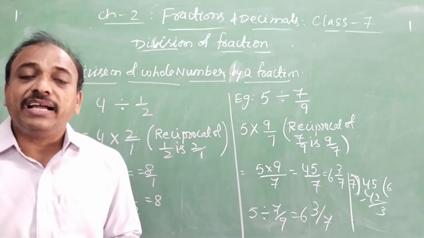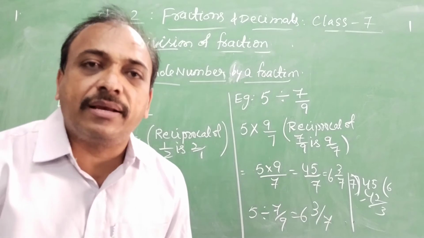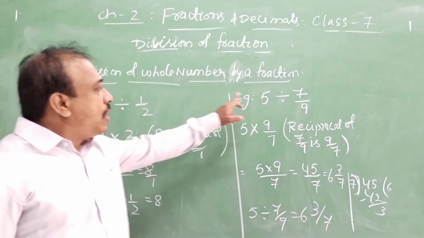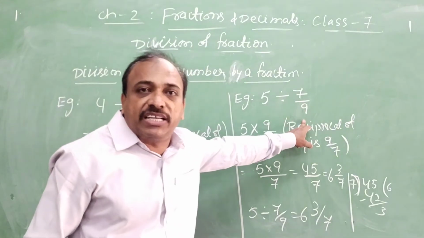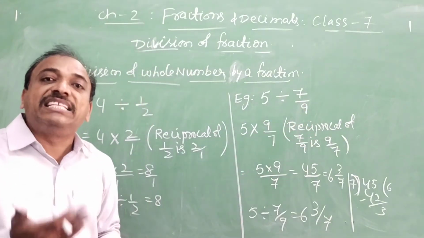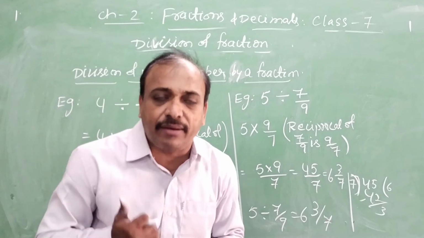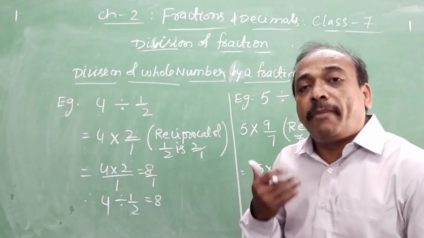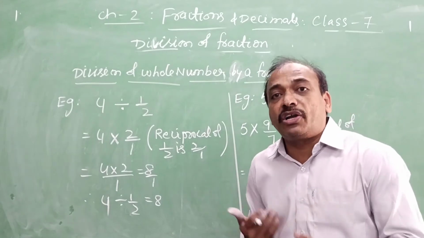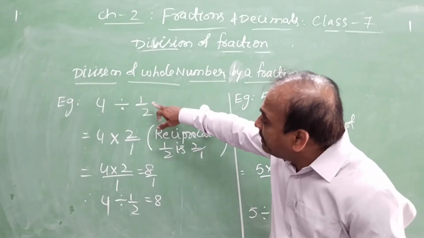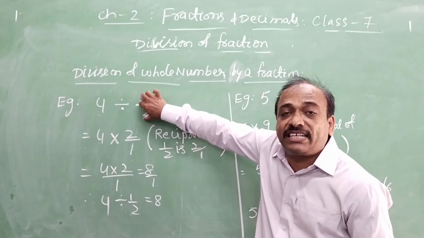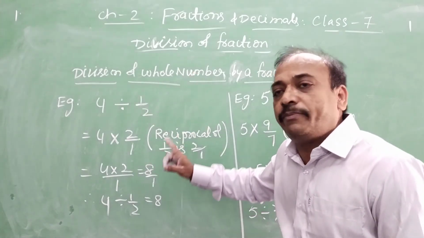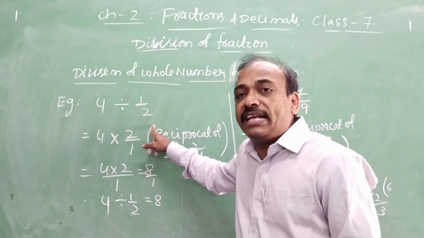What we are discussing is division of a whole number by a fraction. Instead of doing division, we are multiplying by the reciprocal of the fraction which is at the divisor place.